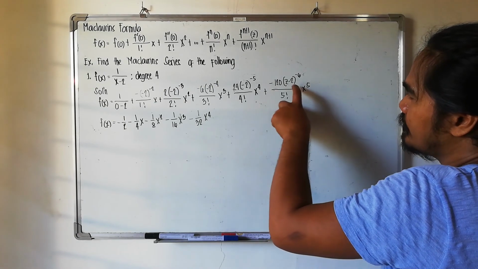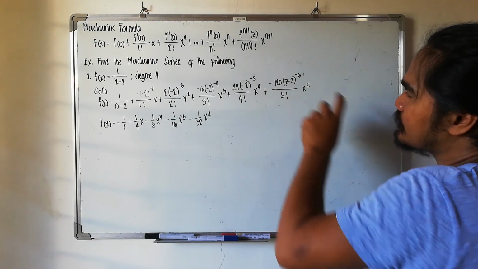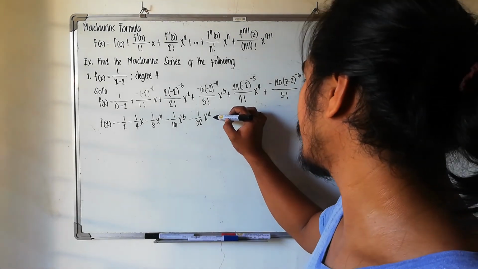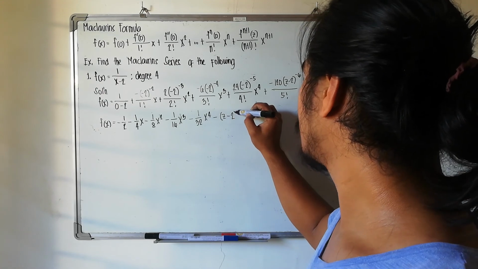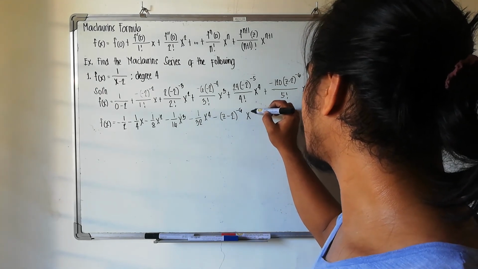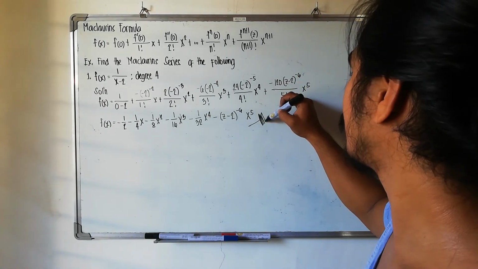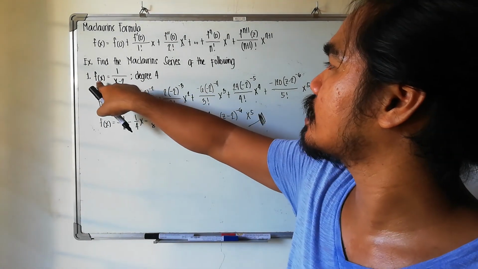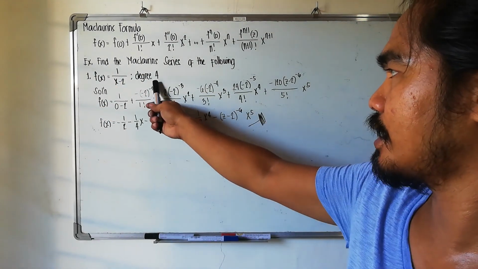So negative 1 times z minus 2 quantity raised to negative 6, that is negative z minus 2 raised to negative 6 times x to the 5th. So this will be your Maclaurin series for the function of 1 over x minus 2 at 4th degree.